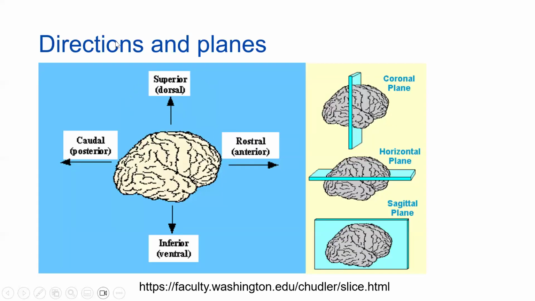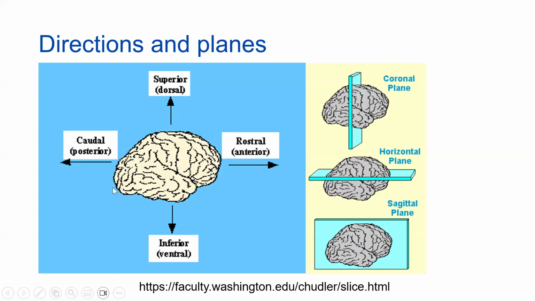Okay, so first, I'm going to get into some neuroanatomy lingo so that we're all on the same page in regard to vocabulary. In regard to directions, here is the front of the brain. This is called the rostral or anterior direction. Rostral you could think of as towards the nose. That's helpful for me.